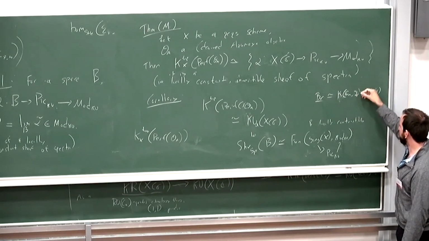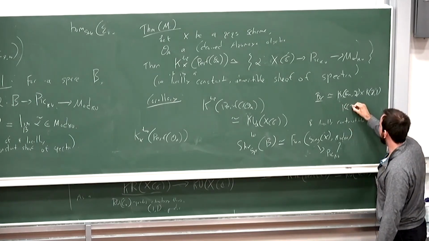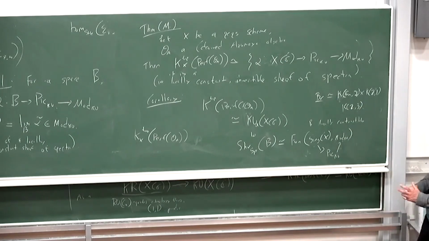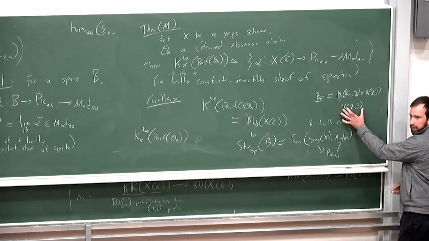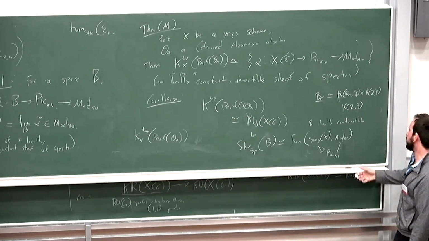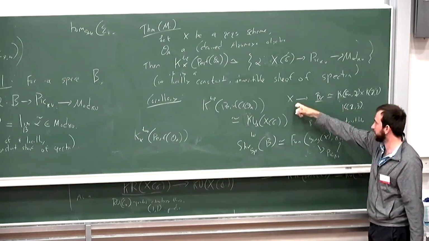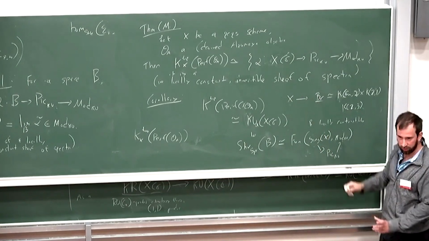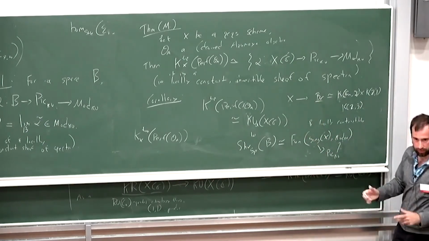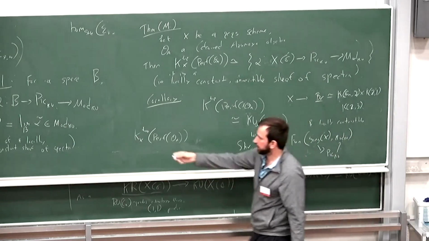If you take the realization of this stack, you get a KZ3 factor, and you can often twist K theory classes by maps to KZ3. So there's a map from the scheme X to this Brauer stack, and if you apply realization to this map, you get a class that you can use to twist KU.